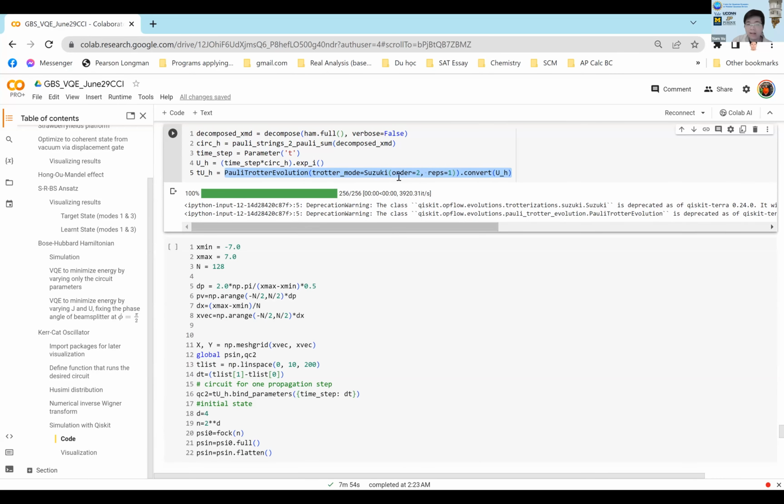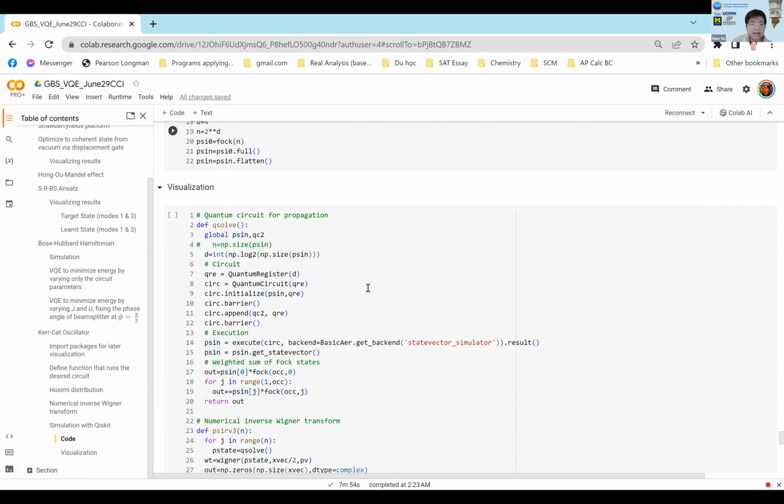So from here, I calculated the parameters, and then I pass them onto this one. All the parameters after I trotterize are all included in Qiskit as well. And so I can also visualize the output as well.